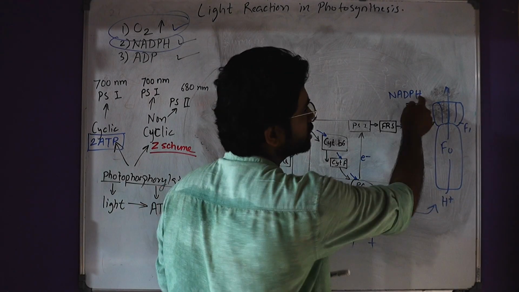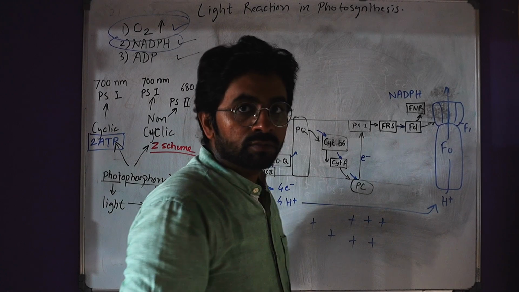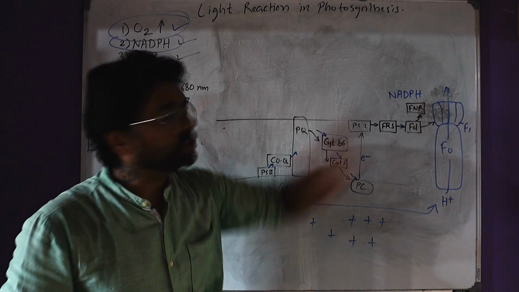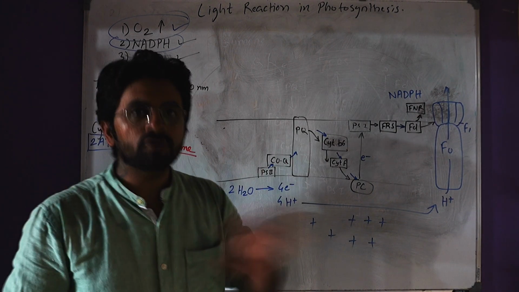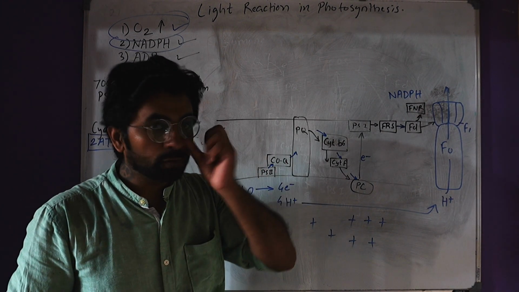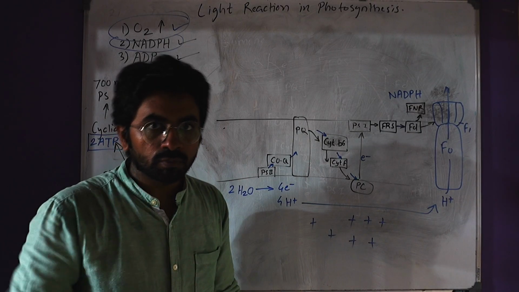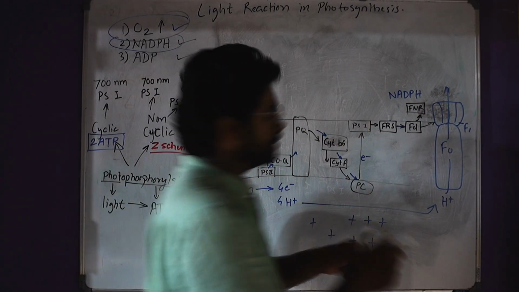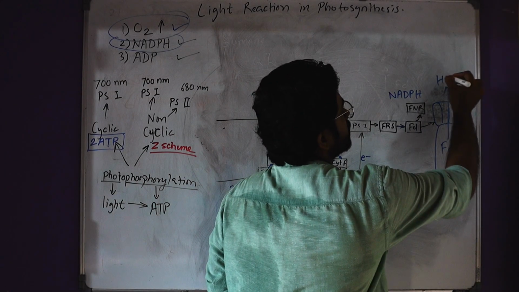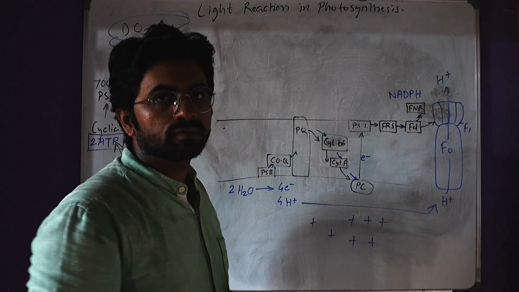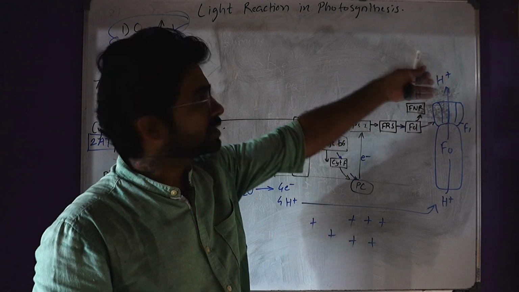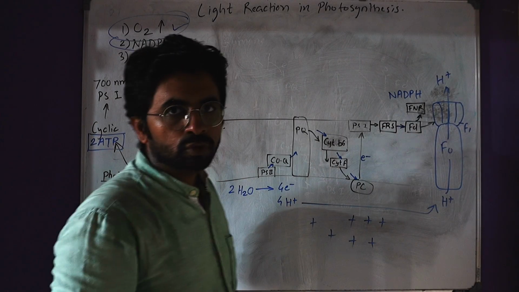Where is this H coming from? It is the same H, but is it necessary that whatever is the requirement of NADP, only that much amount of proton will go outside? No, more than that protons can go outside. Now if more than the required proton, other protons are also going outside, what about those protons?